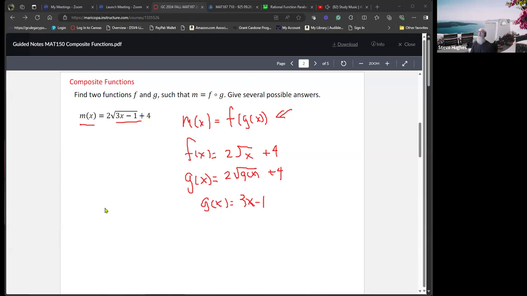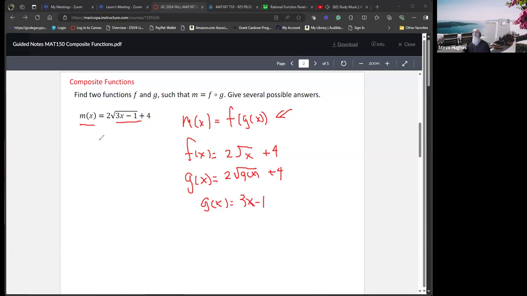Any other possible answers we could use that would set this up nicely for f of x and g of x? All right, no ideas? Here's another idea for you.